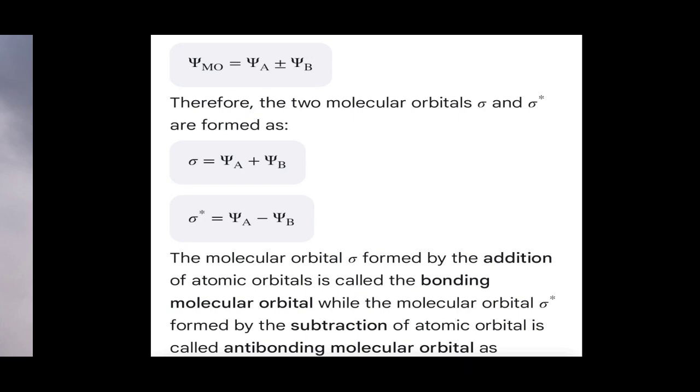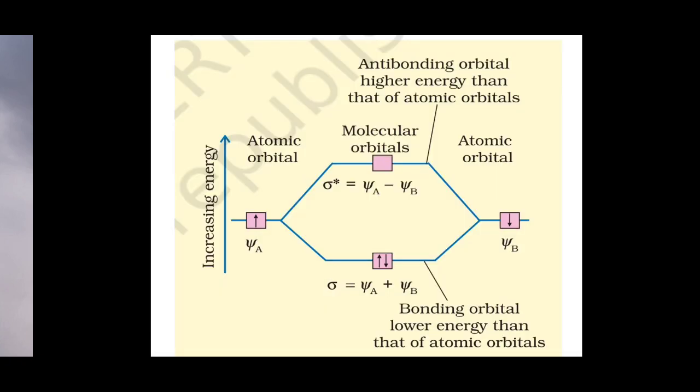The molecular orbital sigma formed by the addition of atomic orbitals is called bonding molecular orbital, while the molecular orbital sigma star formed by the subtraction of atomic orbitals is called anti-bonding molecular orbital. And this is the energy diagram of bonding as well as anti-bonding molecular orbitals. From the diagram, we can see that the energy of the anti-bonding molecular orbital is much greater than that of the bonding molecular orbital.